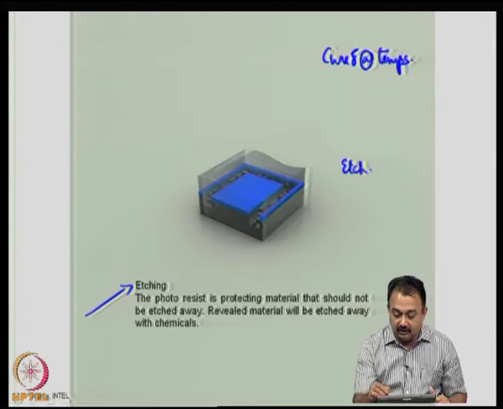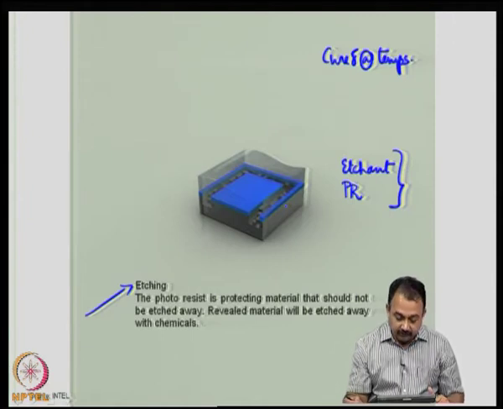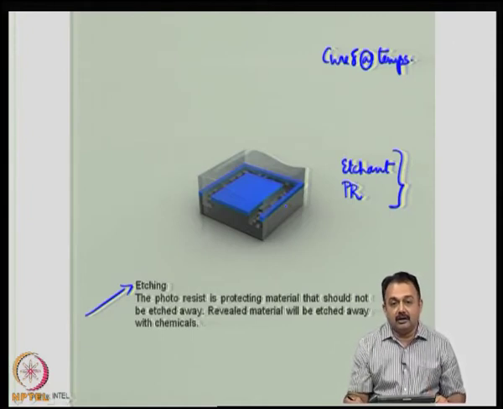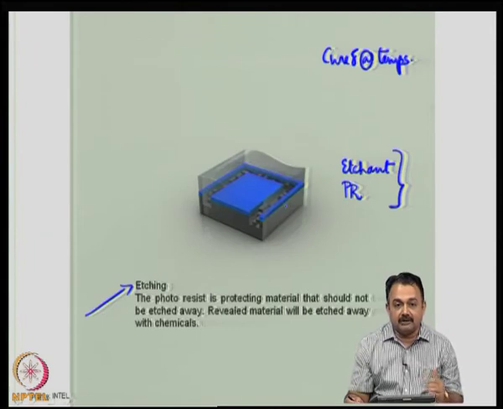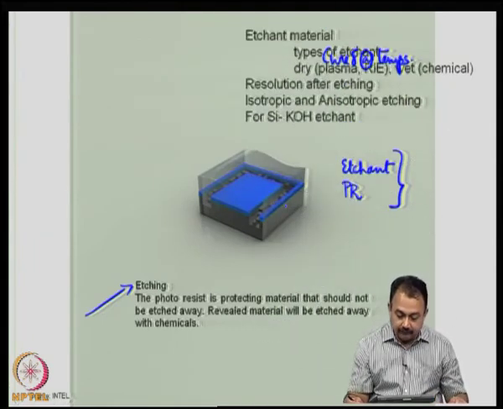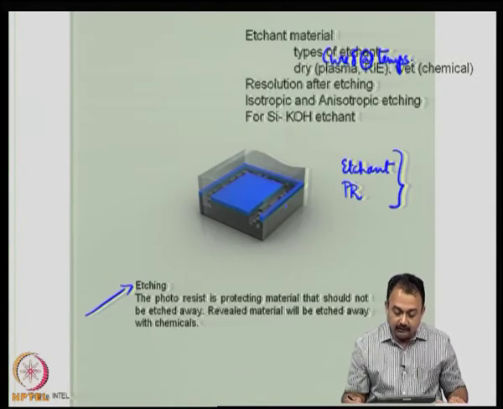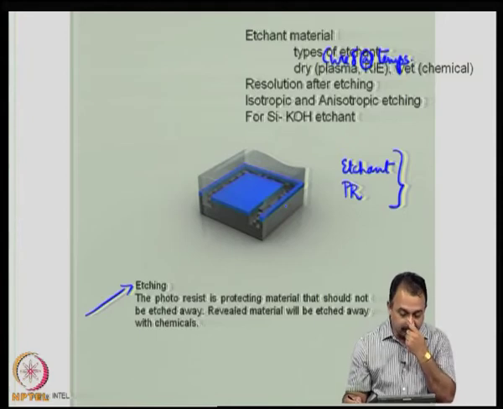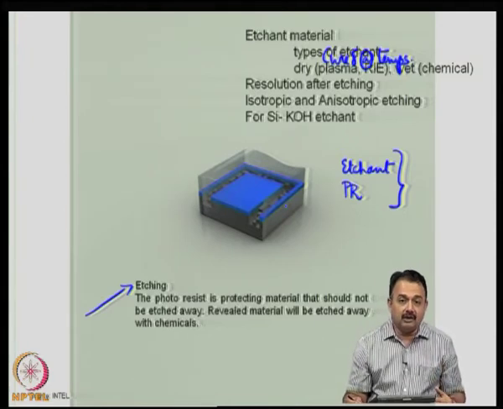So, there are different types of etchants. In this case you have the photoresist also. The compatibility has to be studied and the etchant should not react with the photoresist. The revealed material, that is the material where the photoresist is not present, will be washed away by the etchant chemical.